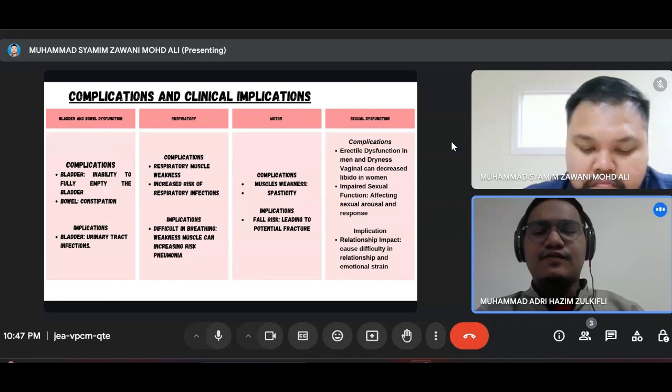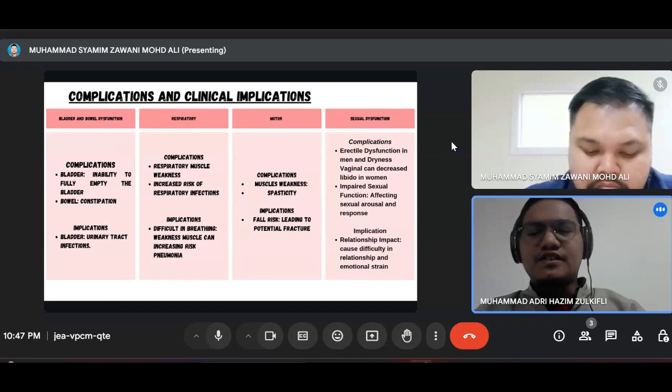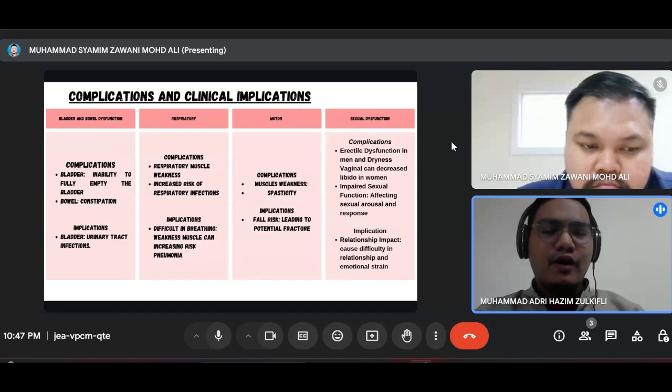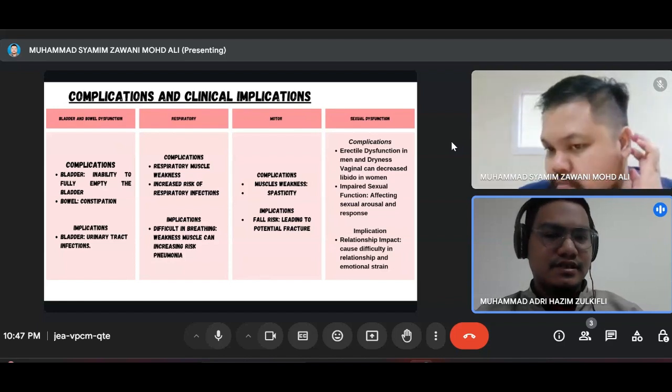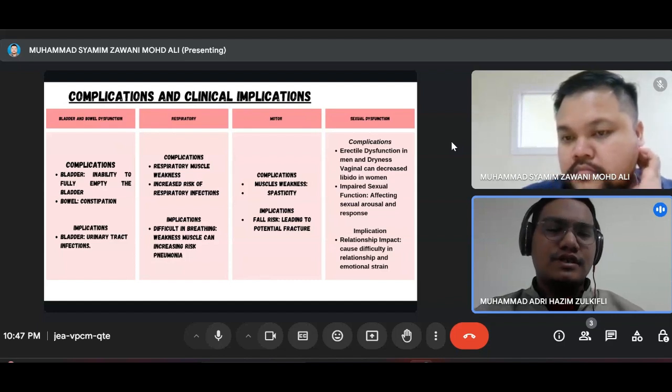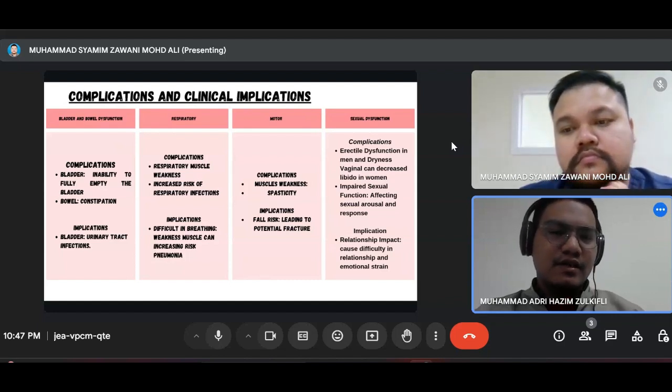For spasticity, increased muscle tone, stiffness, and spasms are common, particularly in the legs. This can be painful and impair movement, requiring treatment such as muscle relaxants and physical therapy. So the implication is a fall risk, leading to potential fracture.